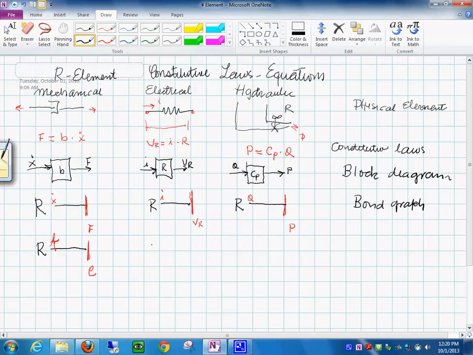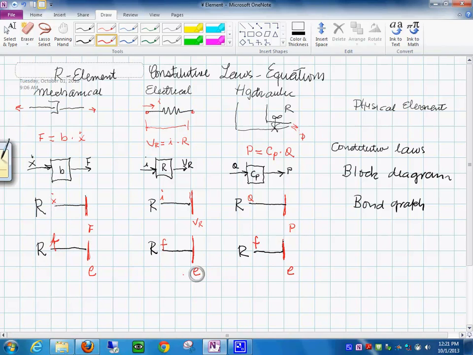This one over here, this R, we also call this E, and this is going to be F. And for the other one, this red element, this one here is E, and this is also F. So do you see what happened?